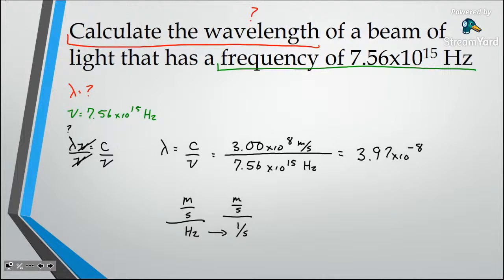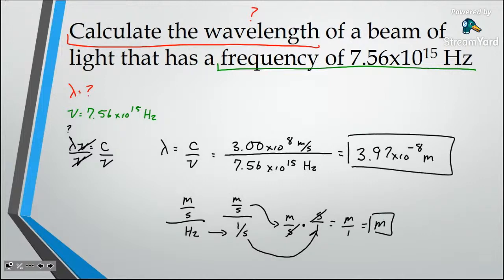And hopefully you've learned in math that if you have a fraction divided by a fraction, then you can multiply the numerator, in this case meters per second, by the reciprocal of the denominator, which would be seconds per one. The units of seconds cancel. That gives me meters per one, or simply units of meters, which is what we would expect for wavelength.